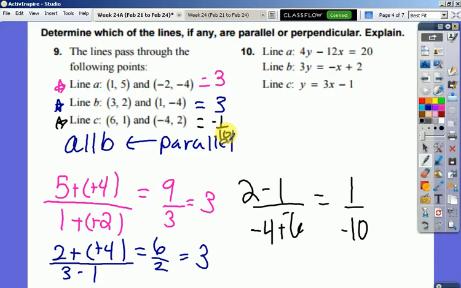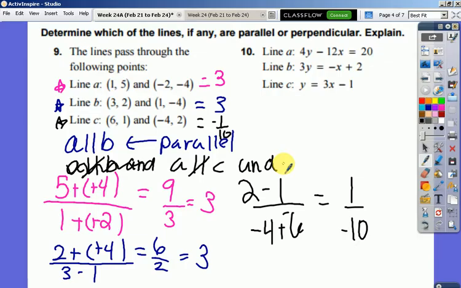No. Okay. So all I had to write was A is parallel to B. I don't have to really write anything with C. If you wanted to, you could say A is not parallel to C, and B is not parallel to C as well. Okay? If you have questions on number 9 and how to do it, you will definitely see this on the test.